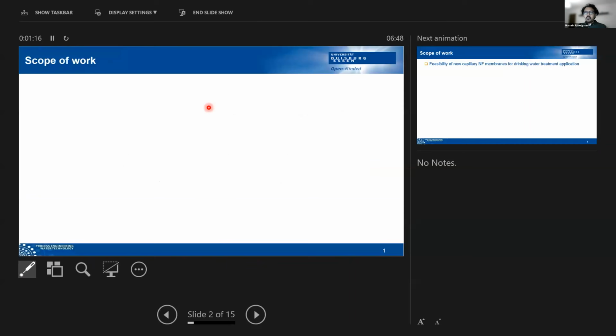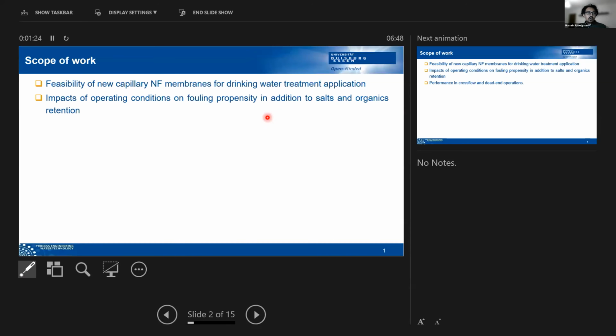The scope of the work is that we wanted to study the viability of new capillary NF membranes for drinking water treatment applications. Also, we wanted to test the impacts of the operating conditions on the fouling propensity, in addition to salts and organics retention, in cross-flow and in dead-end operation modes.